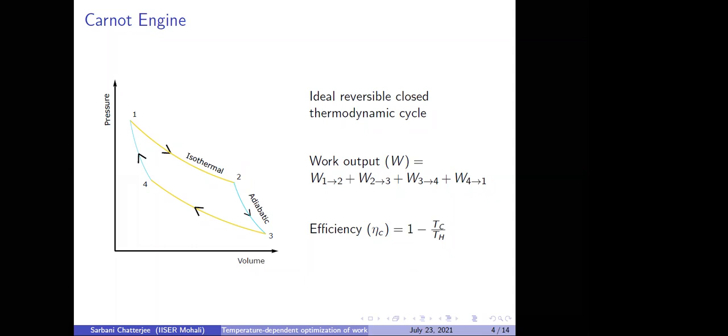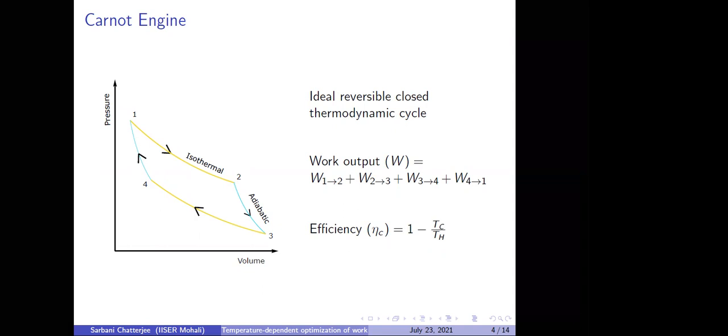It is then followed by adiabatic expansion. This is when the temperature reduces from TH to TC. Then we have isothermal compression at TC, and finally an adiabatic compression to reach back to the initial state of the working medium. This completes one full Carnot cycle.